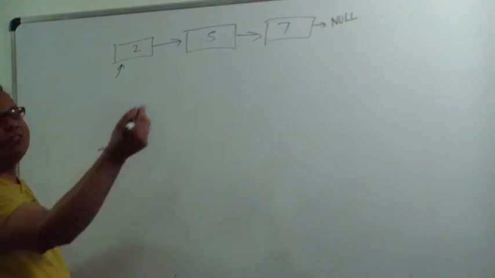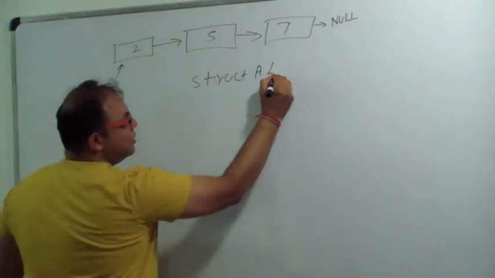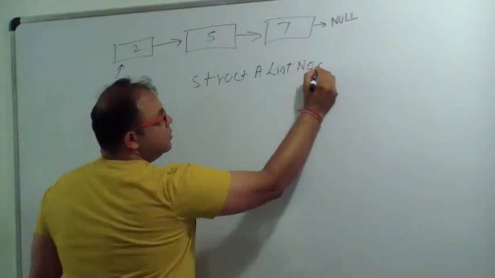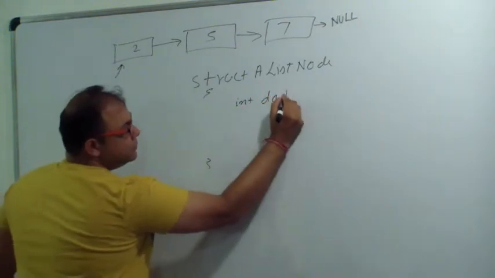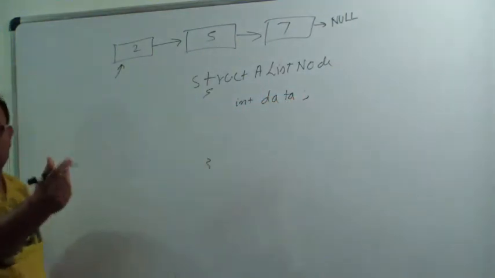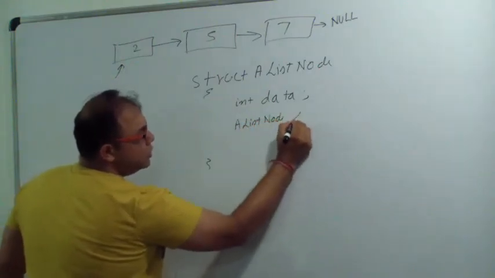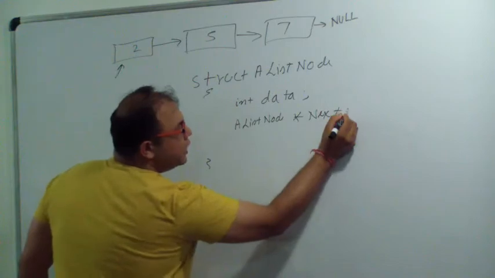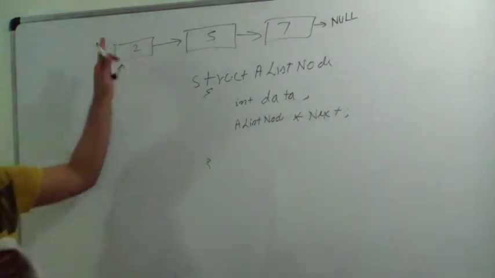You can make a class or a structure. I'll just make a struct ListNode. The list node will have an integer data and a pointer to the next one, so a ListNode star next. I'm doing this in C++, so it is easily portable to C#. That will be the structure of the node.